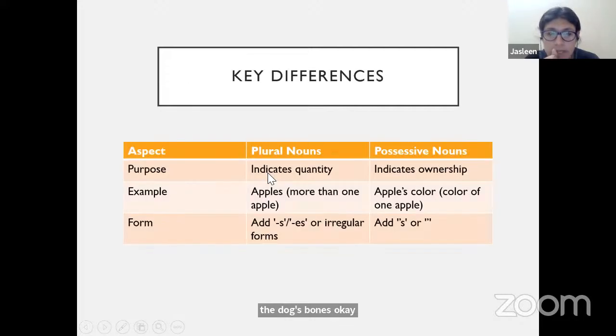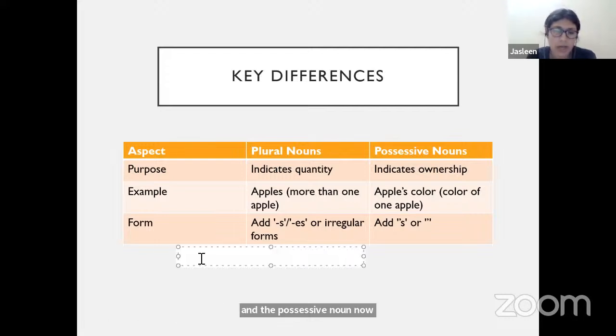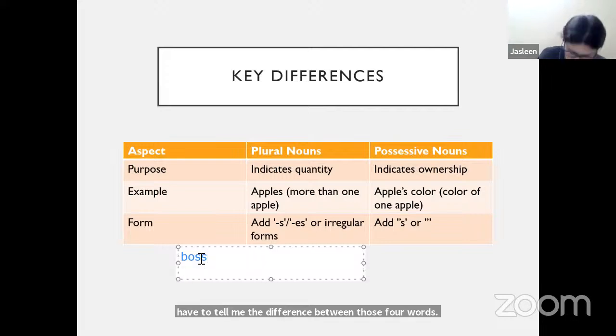Now, what are the key differences between the plural noun and the possessive noun? I am giving you a set of four words. You have to tell me the difference between those four words.